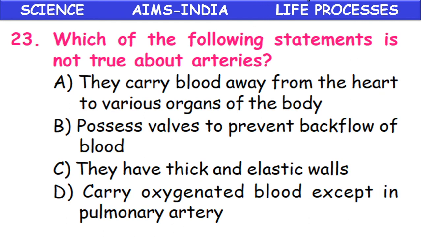Statement 1, carry blood away from the heart, 100% correct. Possess valves, 100% wrong. They have thick and elastic walls, 100% correct. They carry oxygenated blood except pulmonary artery. So here the wrong statement or not true statement is 2.